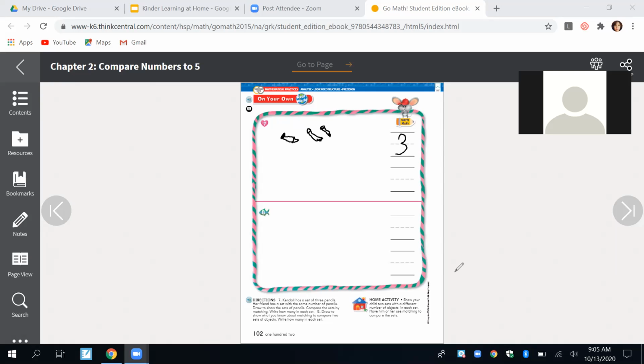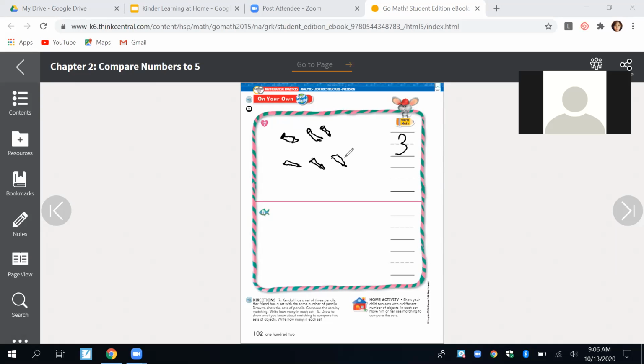Her friend has a set with the same number of pencils. Kendall has 3 pencils. 1, 2, 3. How many do I need to draw for her friend? 3. Yeah, 3. I'll do the pencils. These are her friend's pencils.